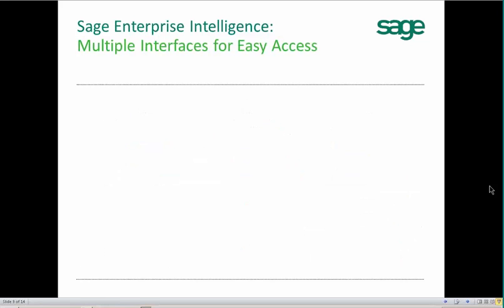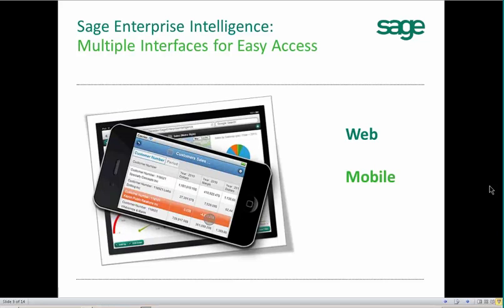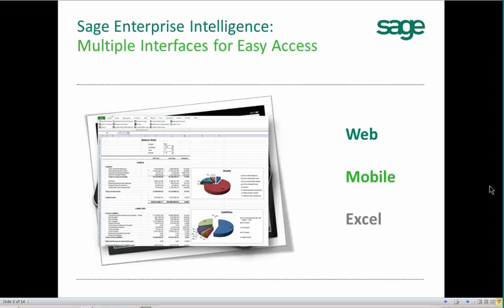So there's three different interfaces that we're going to see today in the demonstration for how we can work with Sage Enterprise Intelligence. And the first one is being able to pull up our views and create new views of data using the web. The second tool is mobile, being able to see those views on a smart device. And finally, Excel.